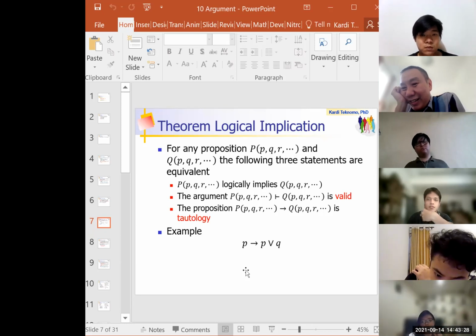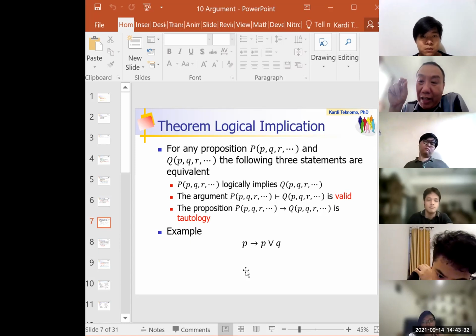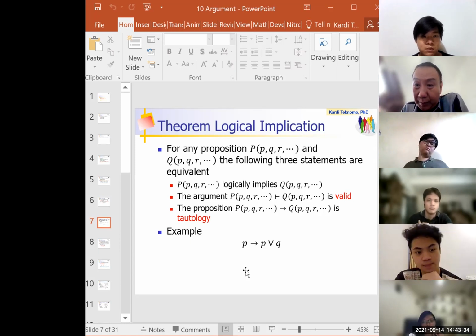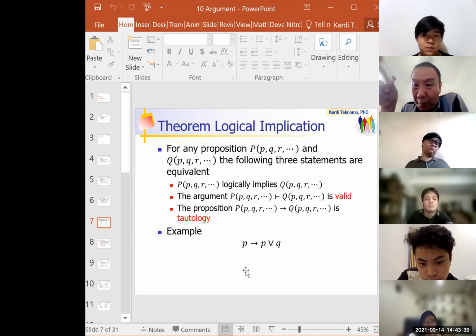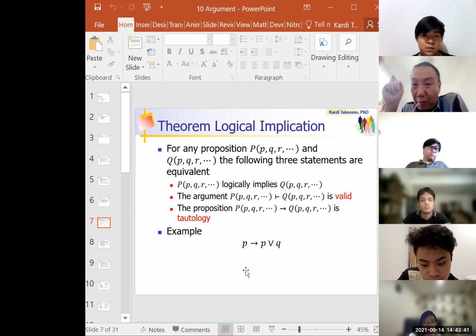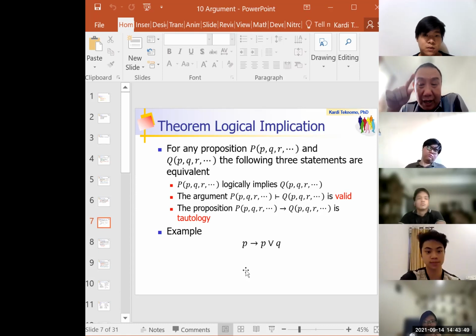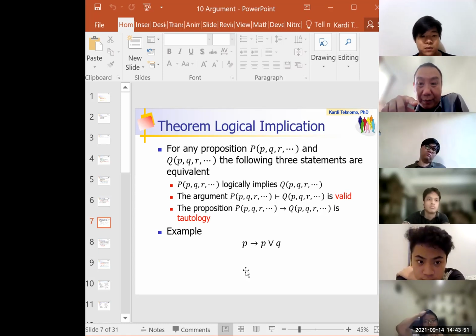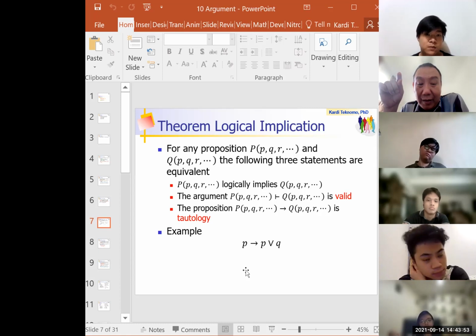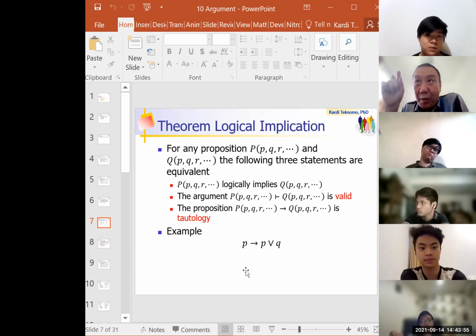Statement that must be true or false. Yes, so the possible value is either true or false. And Q is another proposition. So what is the possible value? True or false? Correct. So now if P is either true or false, then what is the possible value of P or Q?